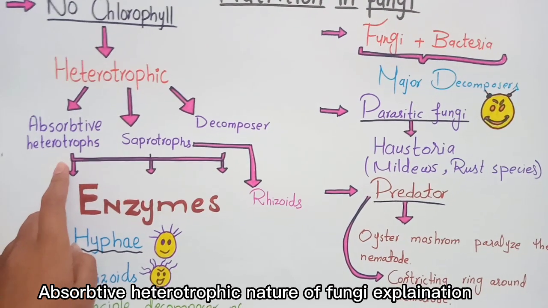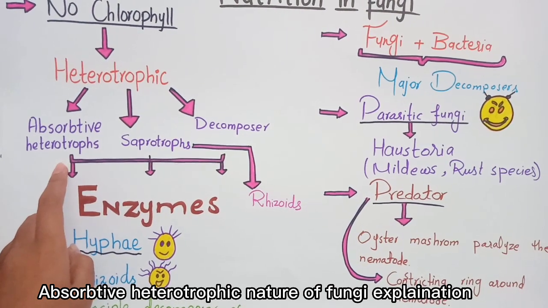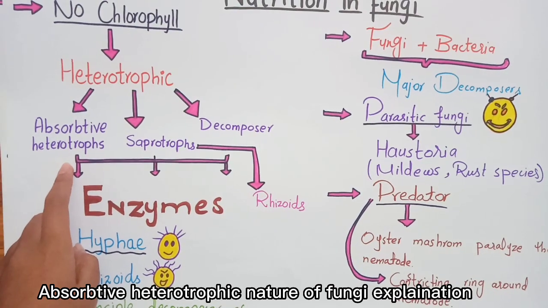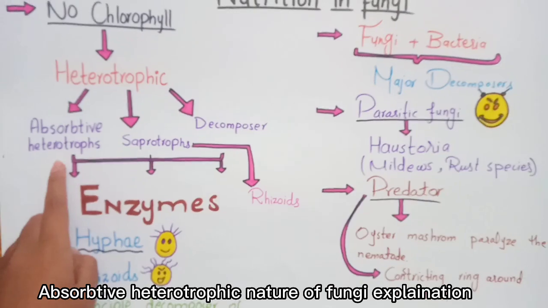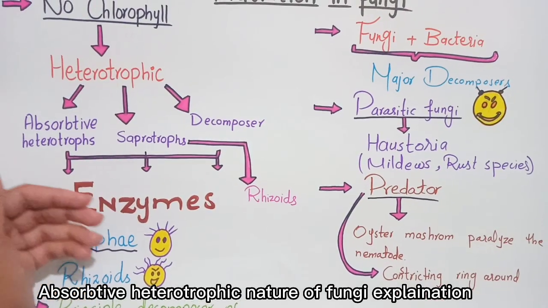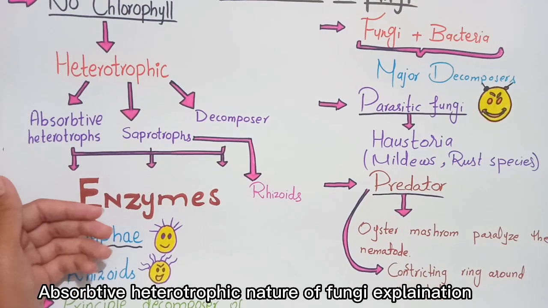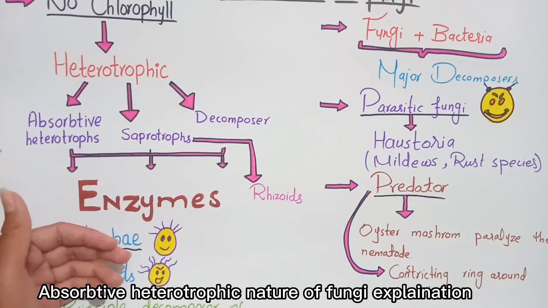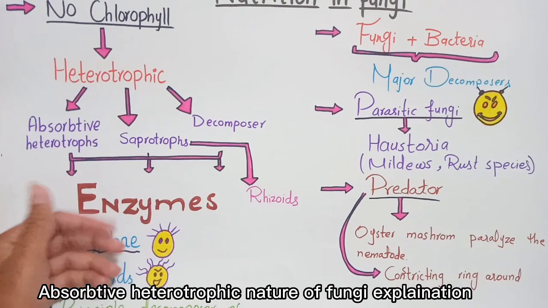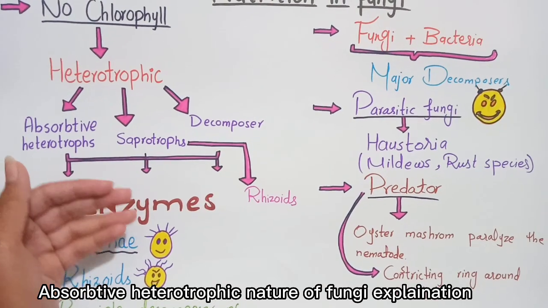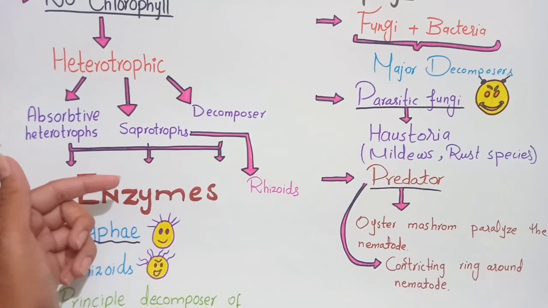Okay. So whenever fungi release the enzyme on a substrate, these enzymes break down the complex compounds of the substrate into simpler ones. Fungi absorb these simpler compounds through their cell wall and then cell membrane. As we know the diffusing process, it is carried out by the cells of the fungi.